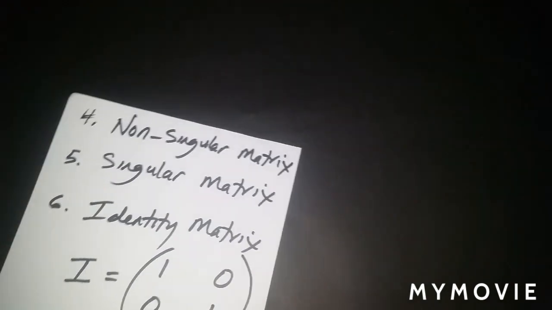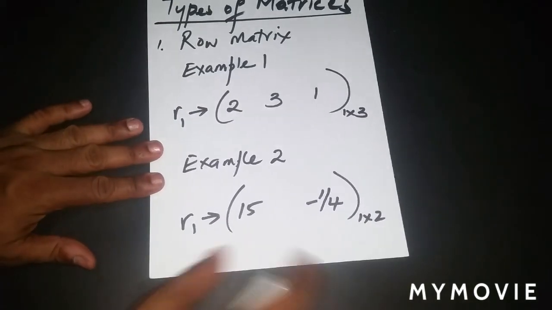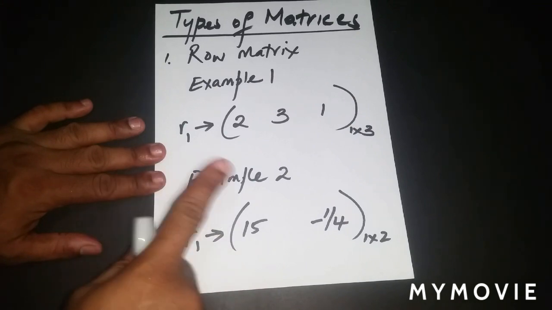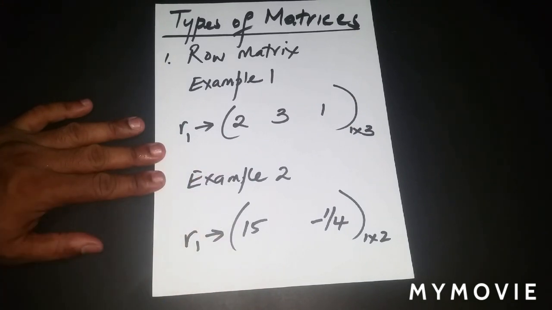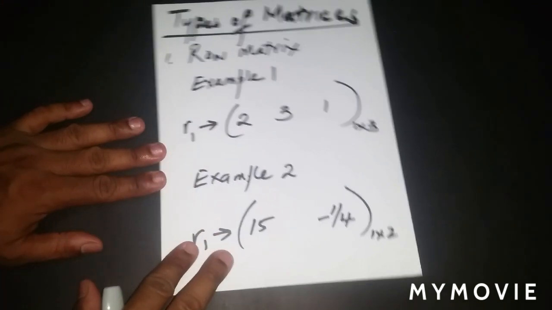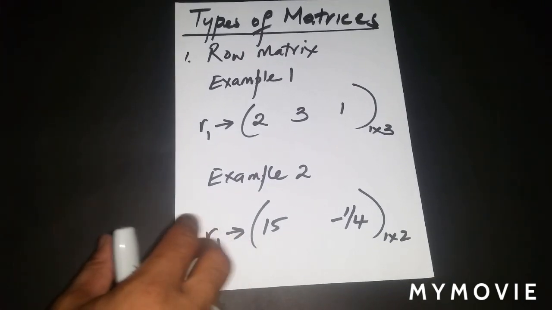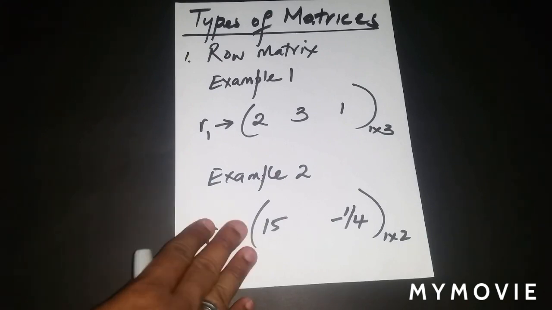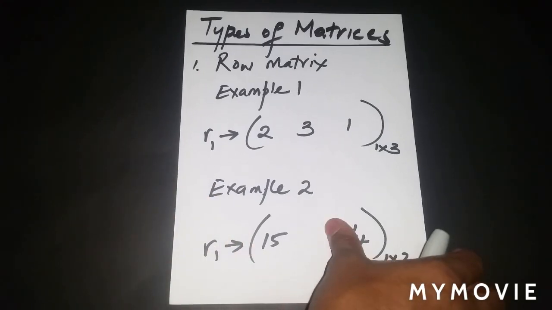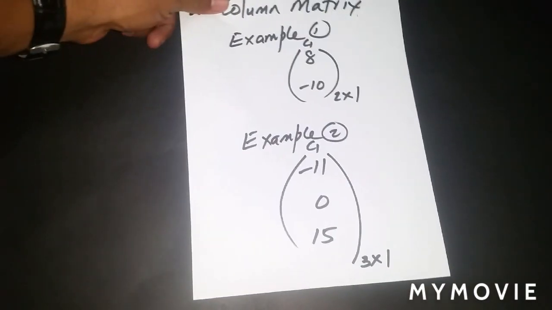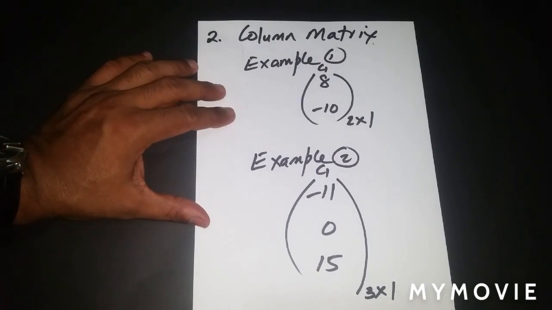But just to recap, types of matrices. A row matrix is when we have a matrix with just one row, and those are the examples. So once a matrix has one row, it doesn't matter how many columns it has. Once it has one row, then it's classified simply as a row matrix. Column matrices.